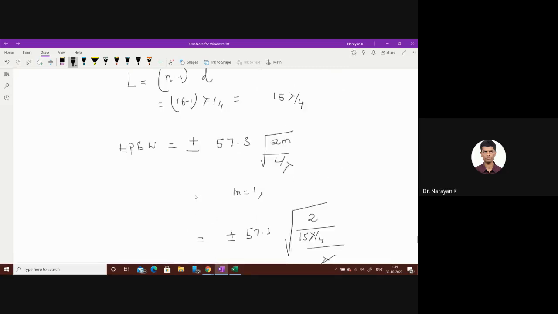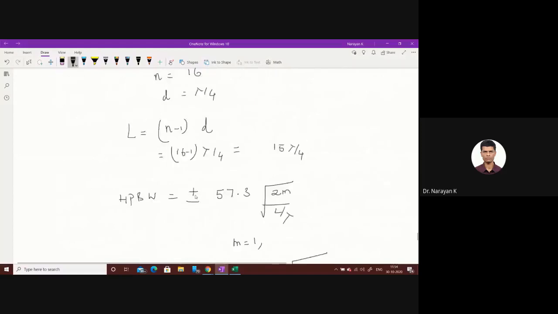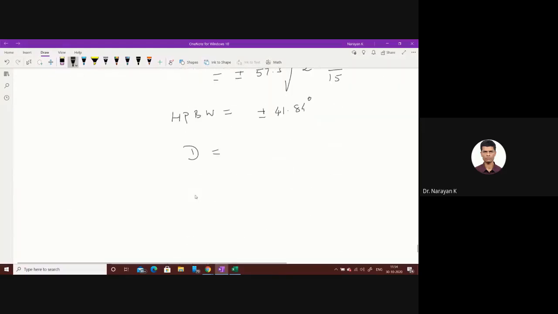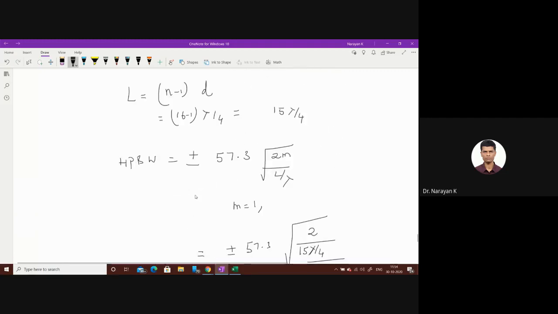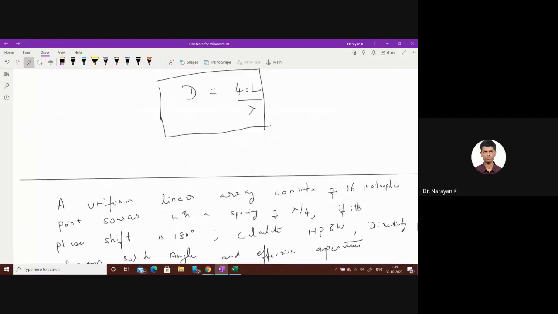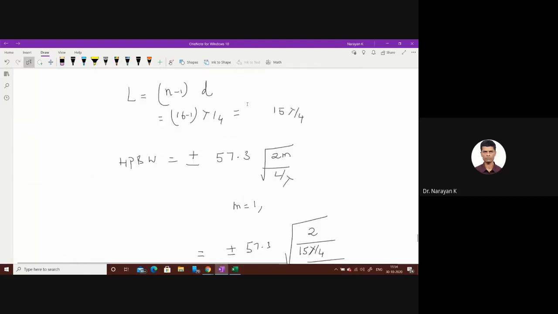Directivity, what is the formula here? 4L by lambda. So 4L. What is the length of the array? See, I have taken the directivity formula straight away from this. 4L by lambda. What is the length of the array? 15 lambda by 4.